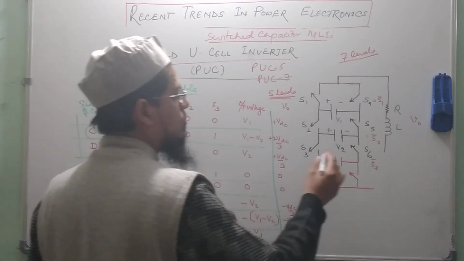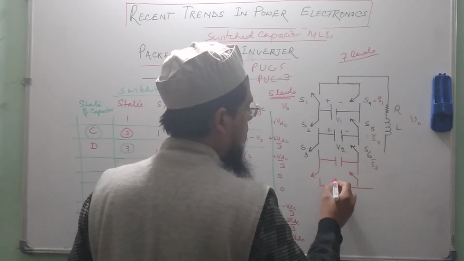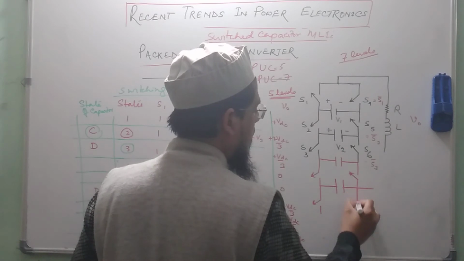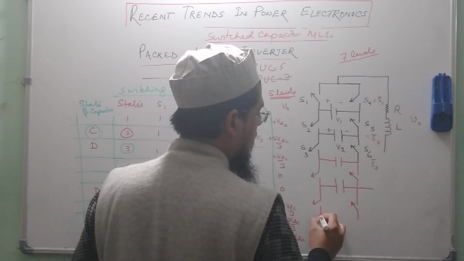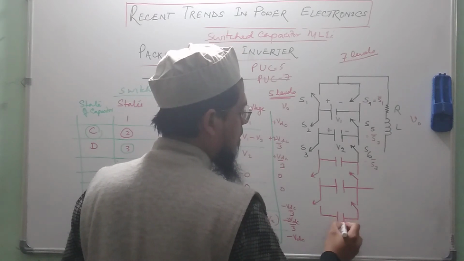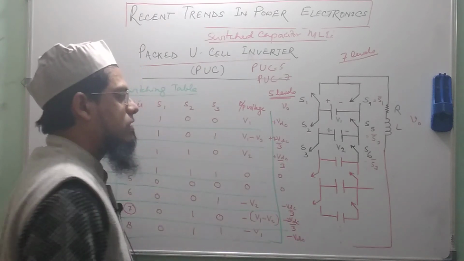This U cell, or if I want more levels, then one more U cell, and so on, and this gets connected to the last unit.